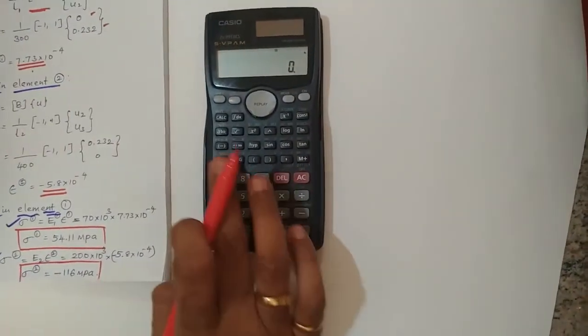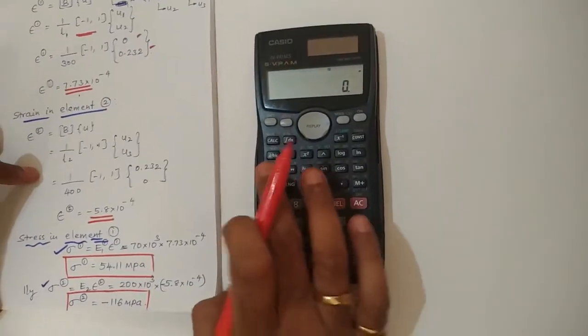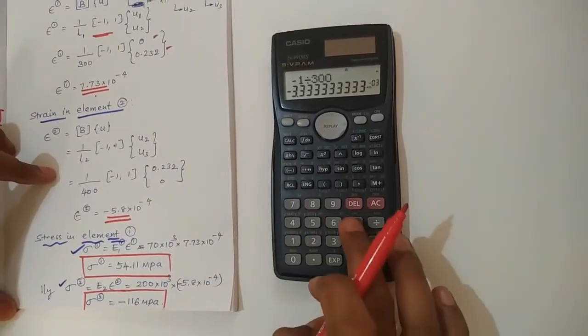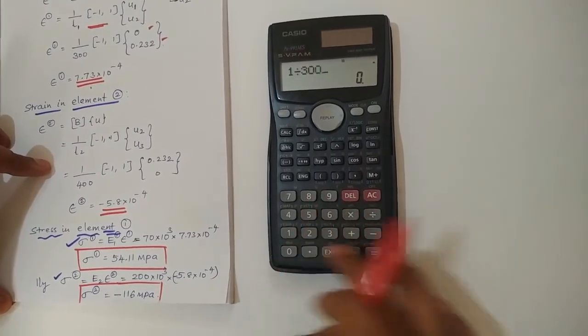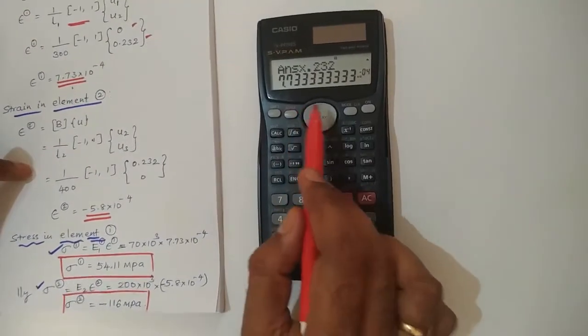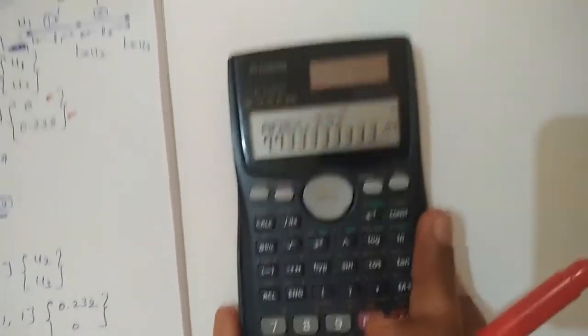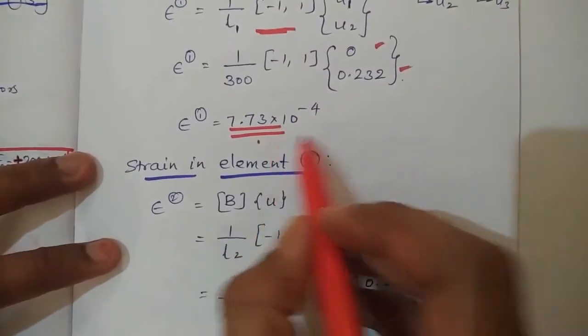So it will be minus 1 by 300 into 0 plus 1 divided by 300 into 0.232. You will get 7.73 into 10 raised to minus 4. So you got this answer.